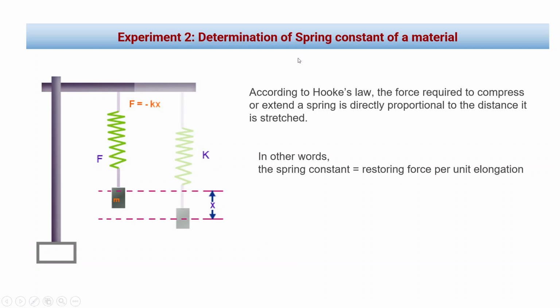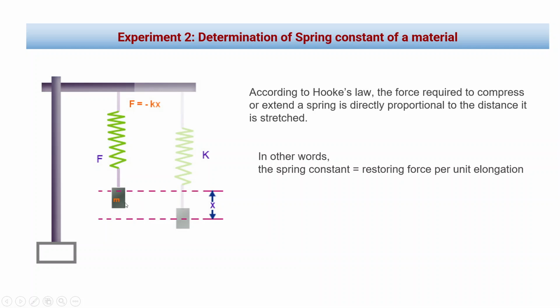According to Hooke's law, the force required to compress or extend a spring is directly proportional to the distance it is stretched. So I have a helical spring, the usual spring that you know, and there is no mass attached to it, so it is in some equilibrium position.